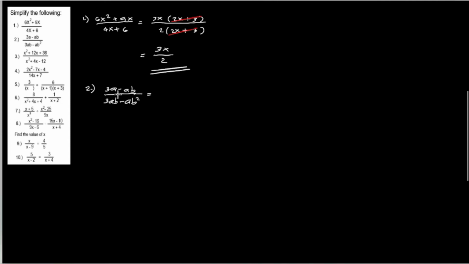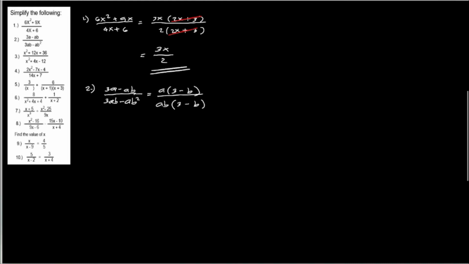So the common factor in the numerator is a, so factor out a: 3a over a is 3, minus ab over a, which is b. Divided by the common factor in the denominator, which is ab: 3ab all over ab is 3. Then copy the sign, negative ab squared over ab is b.